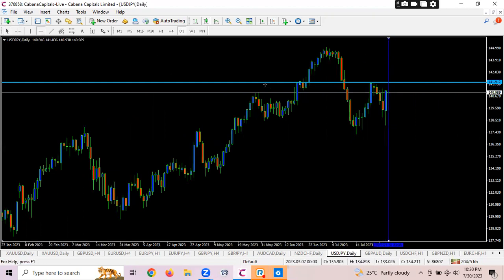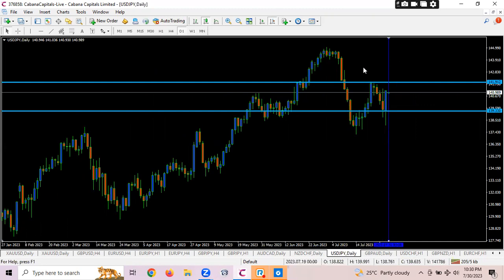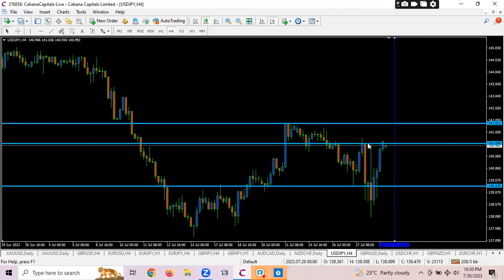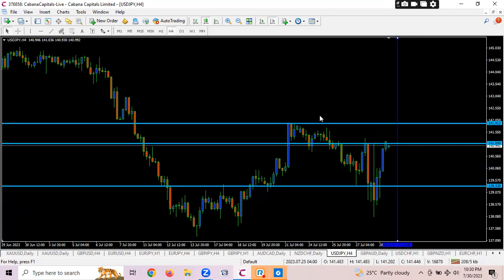So we had a new support on the daily. Okay, so let's go down to the 4-hour. So we had a resistance here on the 4-hour that was good. Okay, let's go down to the 1 hour.